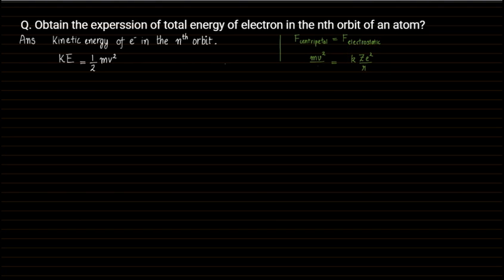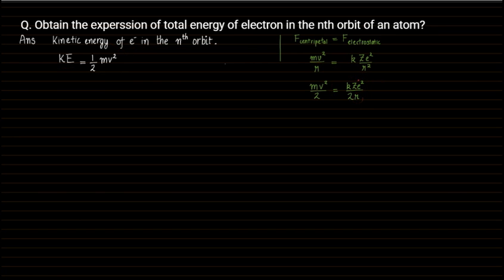Half of mv square equals kZe square upon twice of r. So can I substitute this value in the kinetic energy of the electron? Therefore the kinetic energy of the electron in the nth orbit can be written as this value in terms of the charge, radius, and your atomic number.